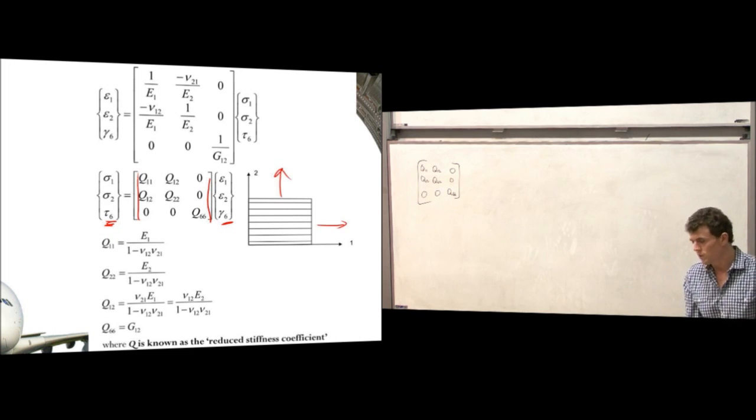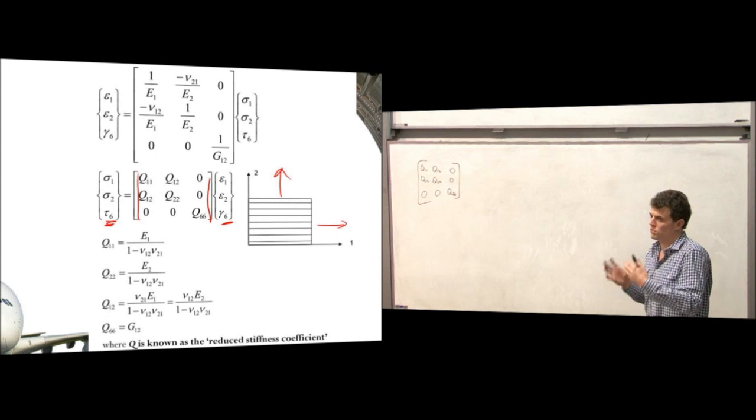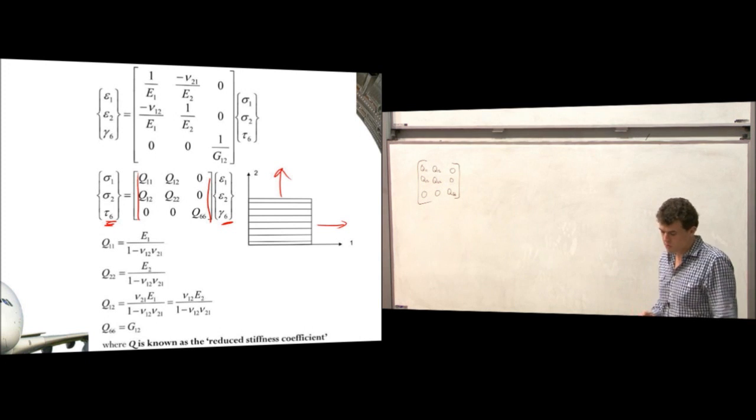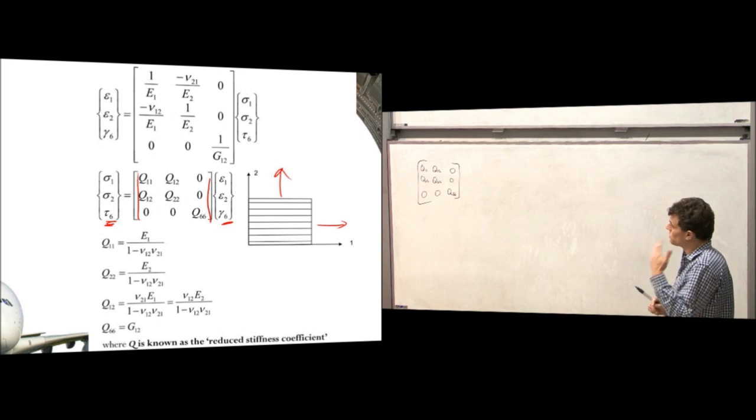So when you see 1s and 2s in composites, they don't mean principal stresses, they mean material coordinate axes. When you see sigma 1, I don't mean principal stress, I mean stress along the fibre direction. When I say sigma 2, I don't mean second principal stress, I mean stress in the transverse direction.